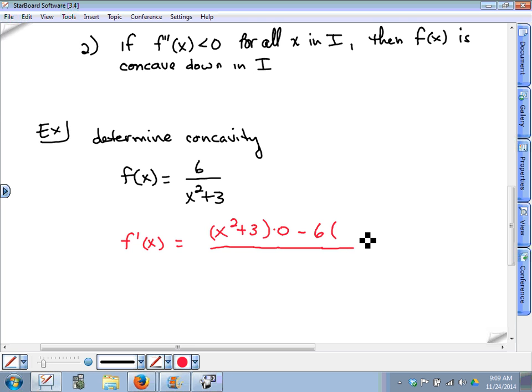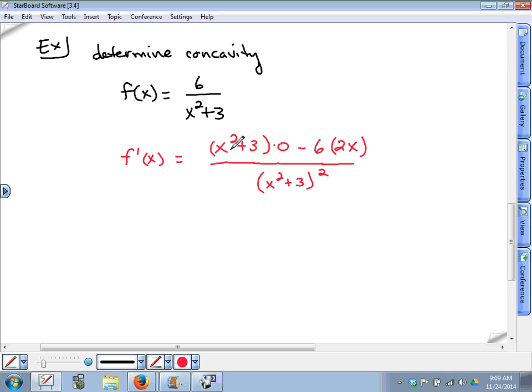Minus high d low, all over low squared. So this just turns into 0. 0 minus 6 times 2x, that's negative 12x. So f prime of x is negative 12x over x squared plus 3 squared.